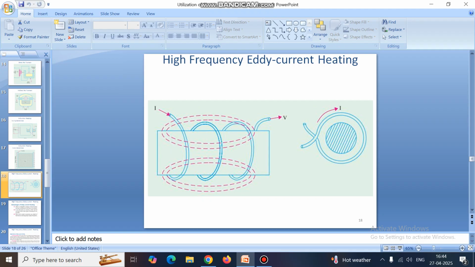This portion, this slab, will be heated up by the eddy current action, and by changing the supply frequency of the supply voltage, you can easily penetrate the heating zone of this slab.